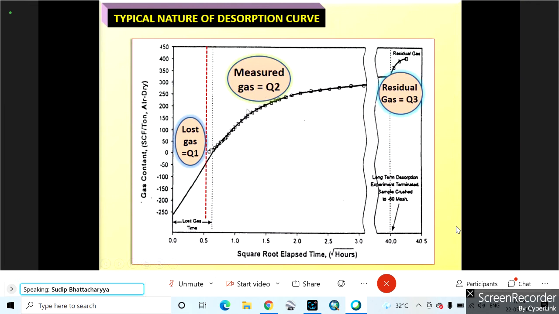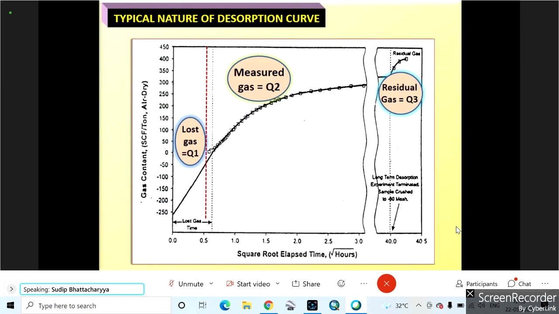Now the gas we want to measure, there are some procedures to measure the gas. This is not the platform for discussing all these things, just you need to know that the gas will be measured in three ways. One is a direct measurement in the field with the drilling itself.